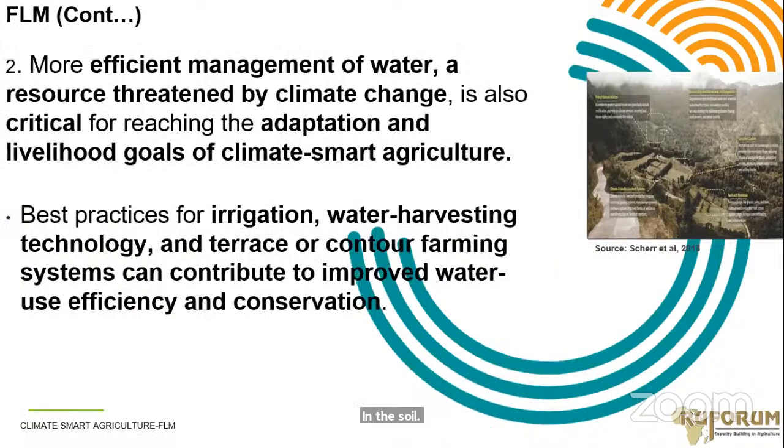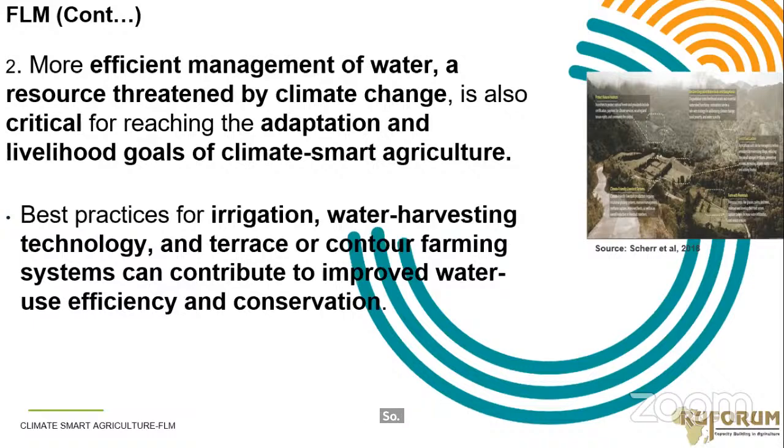Another way is through efficient management of water, and water is one of the resources that are actually threatened by climate change. So practices that ensure efficient use of water or enhance the soil moisture regime are very key in climate change adaptation, and also in enhancing productivity from the land.